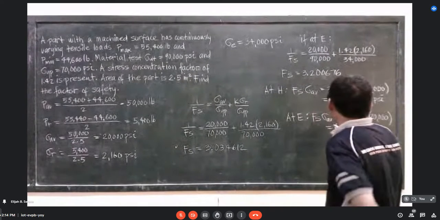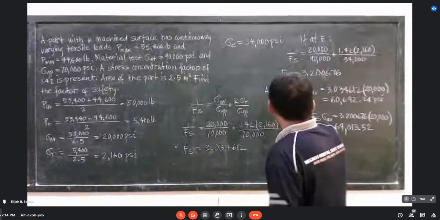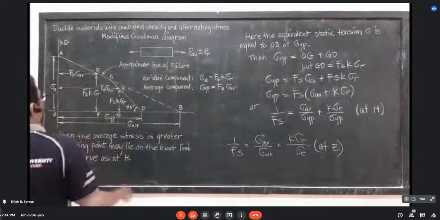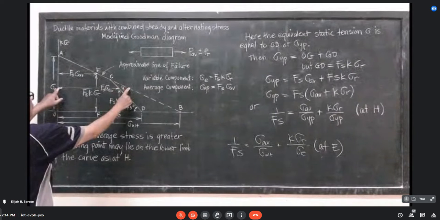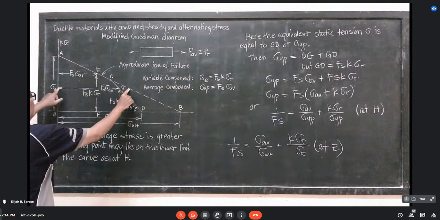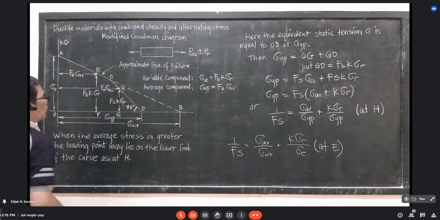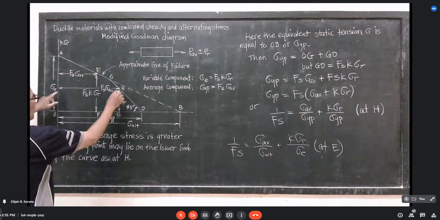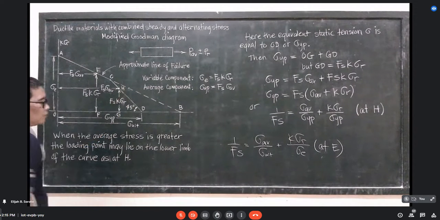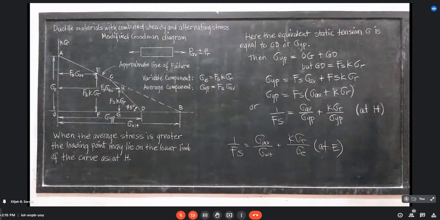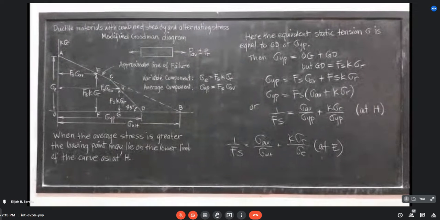What is the factor of safety average? At H, 60. At A, 64. So the one at A is greater than at H, so our assumption that we are at H is correct. Because if they were violated, with H greater than A, it would not be consistent. Do you follow? Yes, sir.